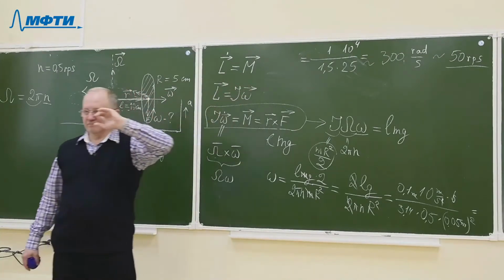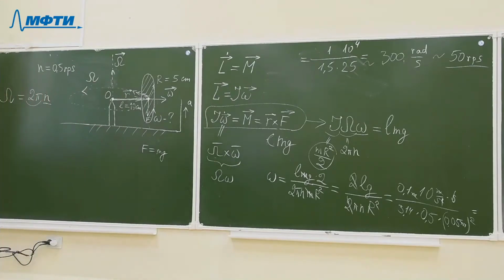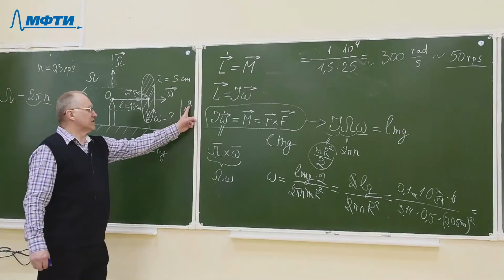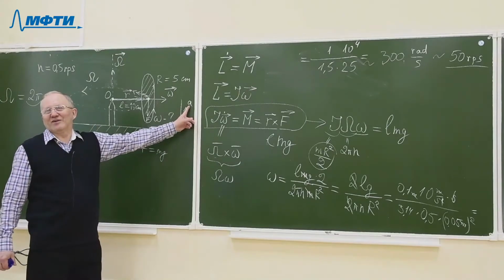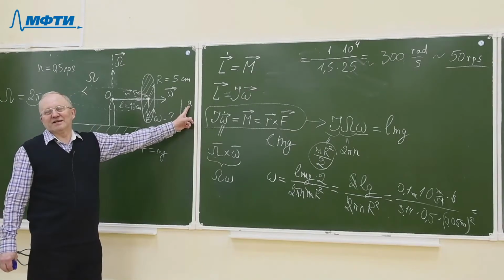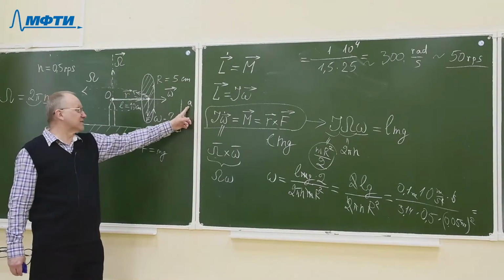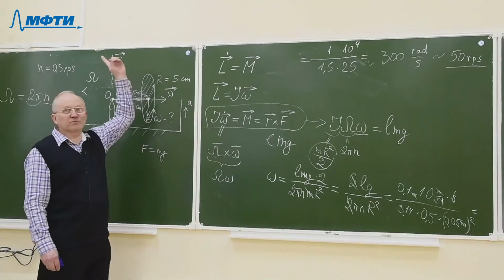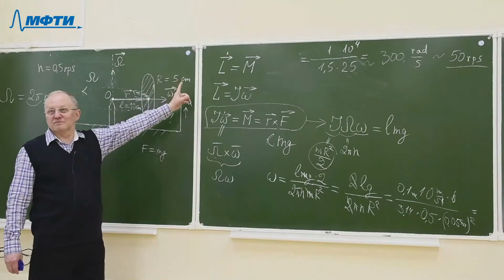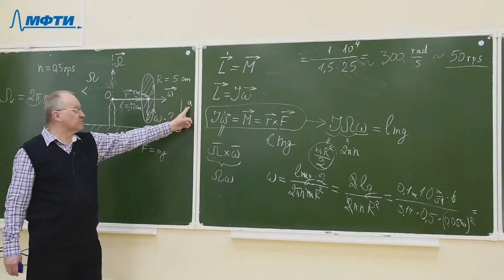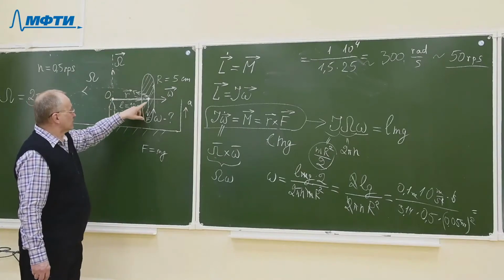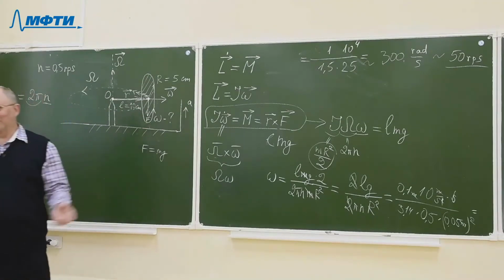Oh, I have forgotten about one important thing, and nobody told me about it. What about acceleration a of the elevator cabin, the elevator car which goes up? With acceleration a, it means that the force of gravity, I've absolutely forgotten about it.